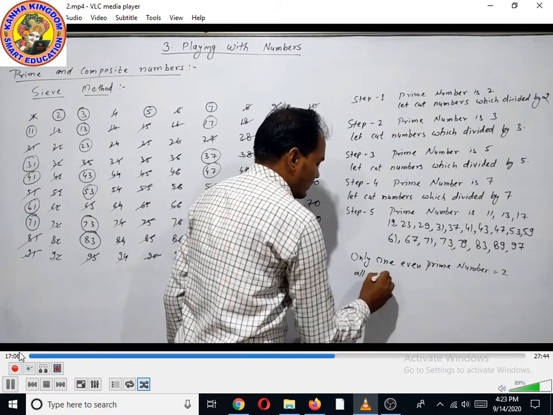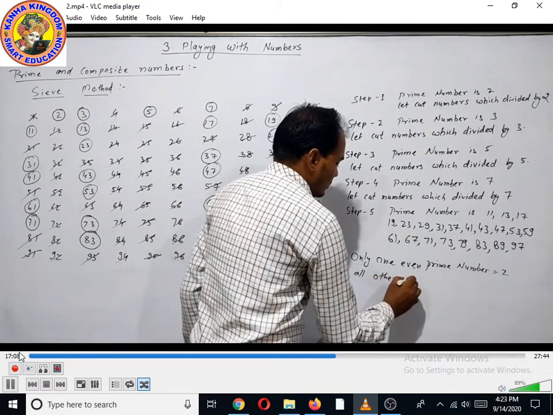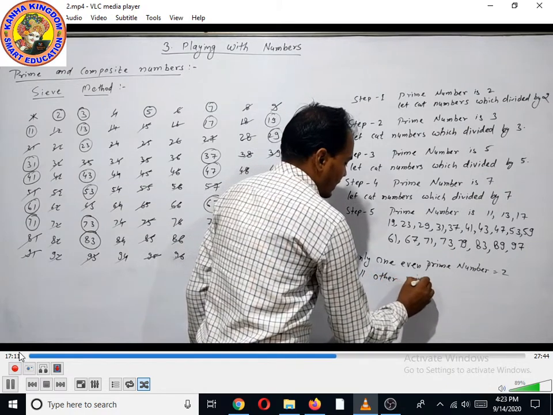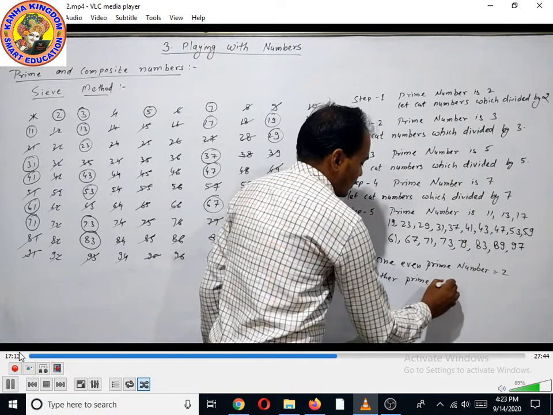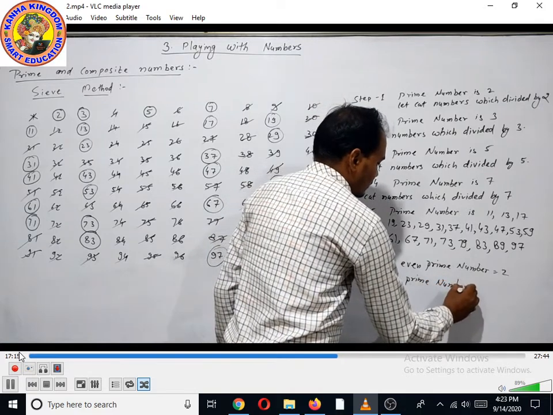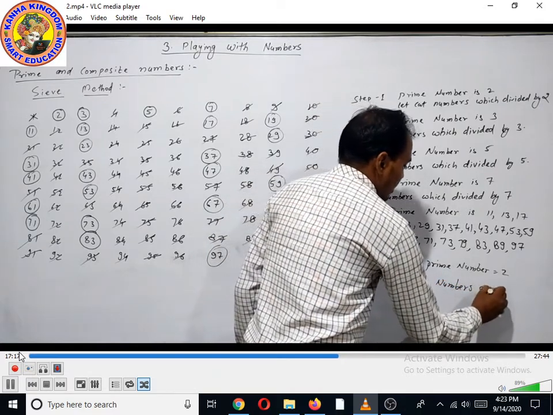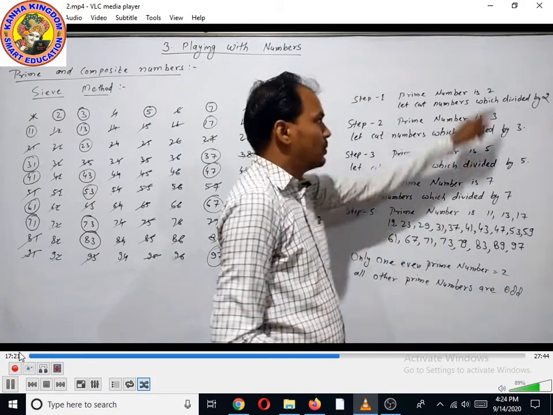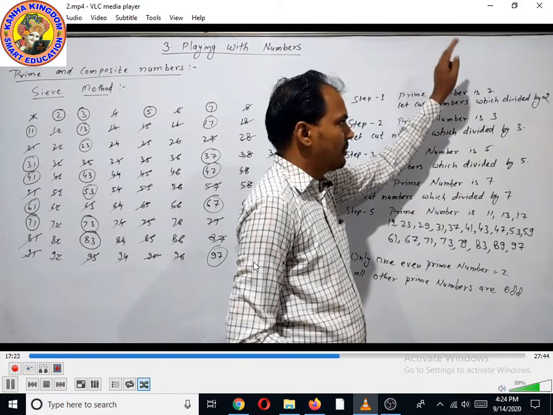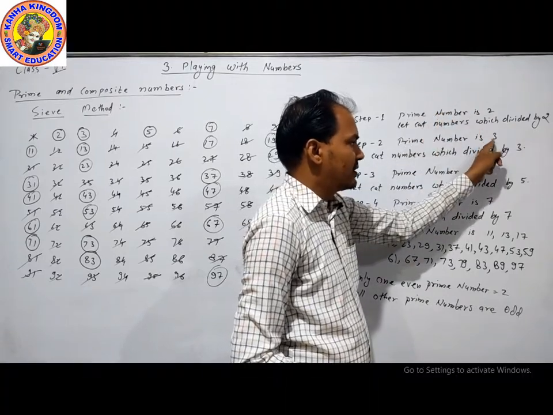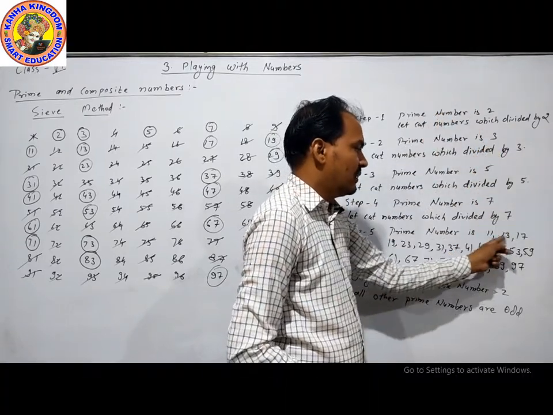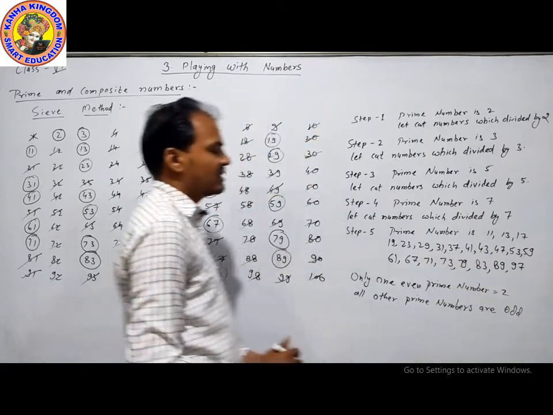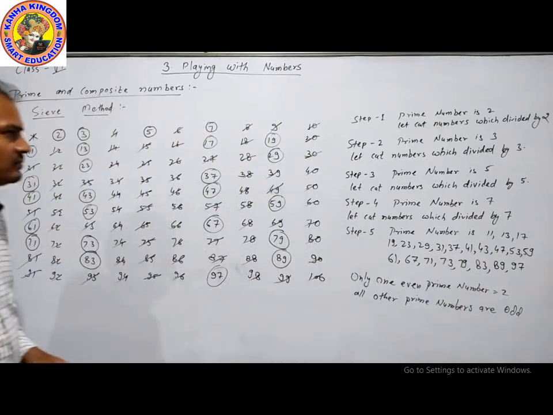All other prime numbers are odd. 2 is our even prime number and the others, 3, 5, 7, 11, 13, 17, all others are odd.